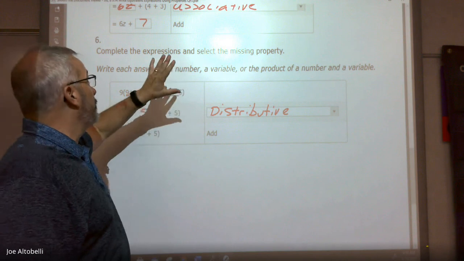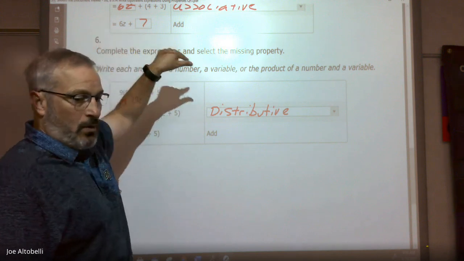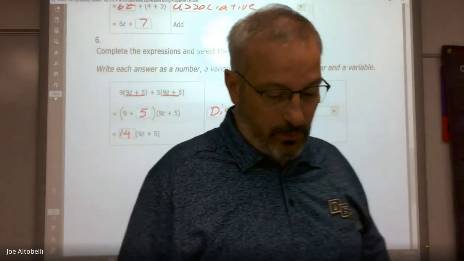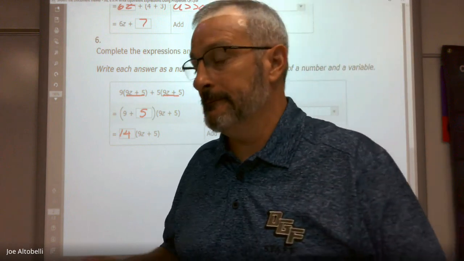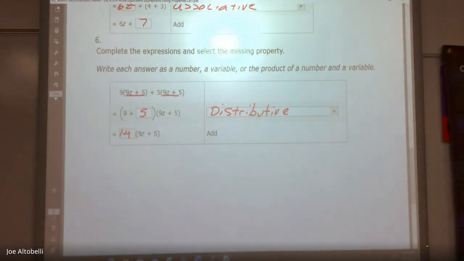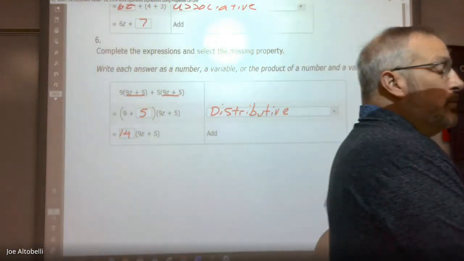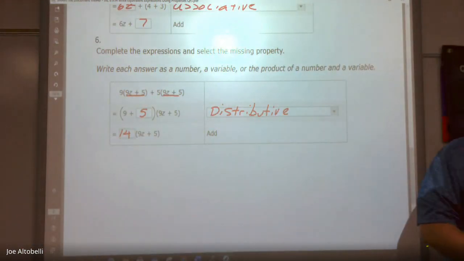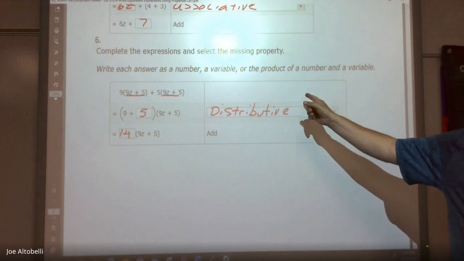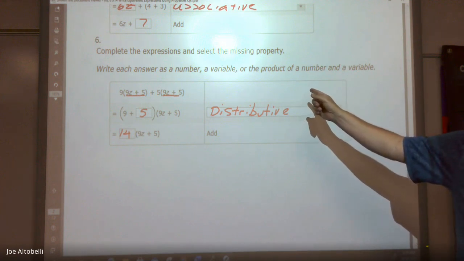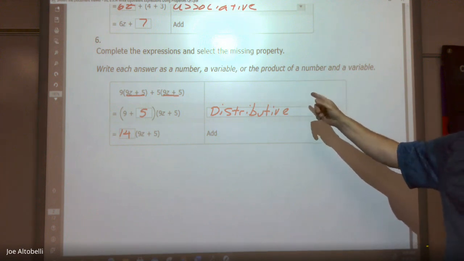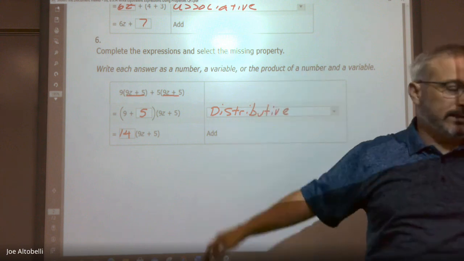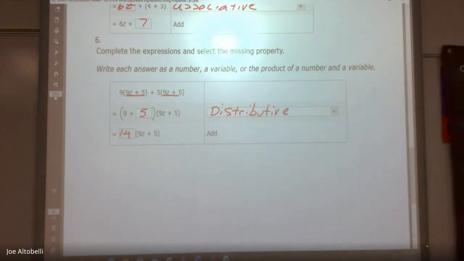So finish X13, then go on to X14. You will have time tomorrow after the quiz to finish this lesson, to finish X14.